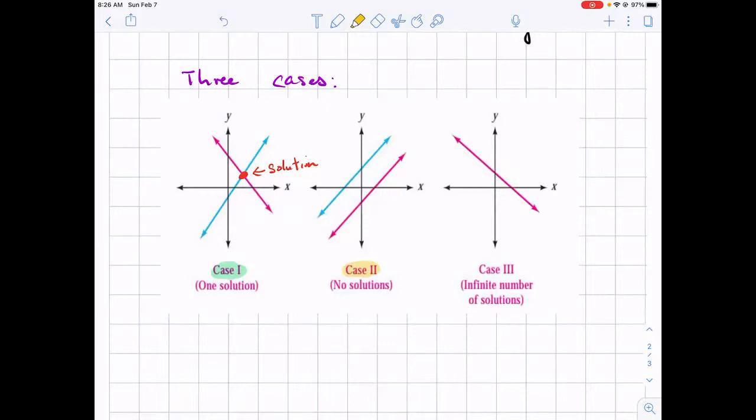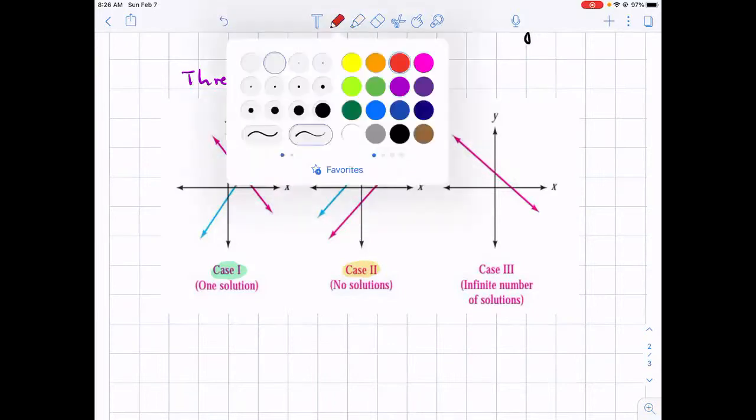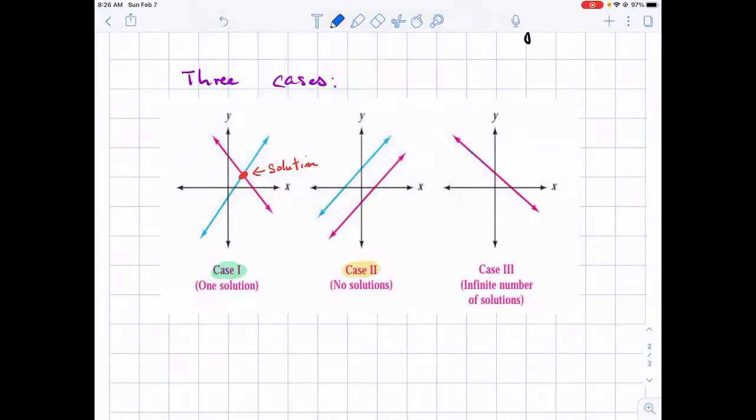In case number 3, and you don't see it because both my graphs were in red, you have 2 lines, one line being blue, one line being red, and the red line and the blue line fall on top of each other. And when this happens, we say that there are infinite solutions.